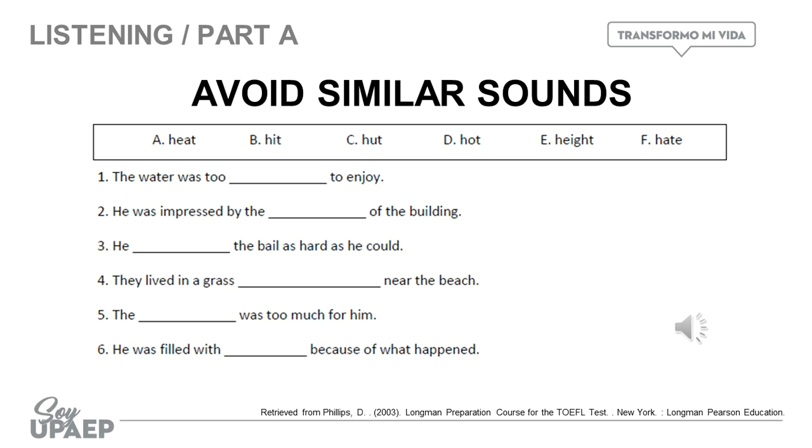Number 4. They lived in a grass hut near the beach. Number 5. The heat was too much for him. Number 6. He was filled with hate because of what happened.